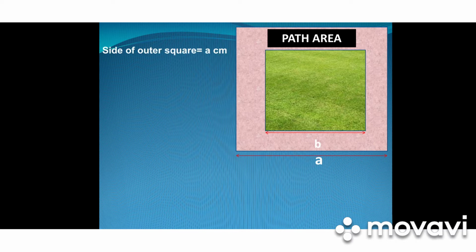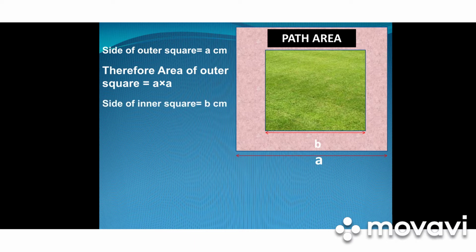Side of the outer square, the big one, is a centimeters that we have taken. Therefore, the area of the outer square, we know area of a square is side into side. Here the side is a. Therefore, area of the outer square is a into a.